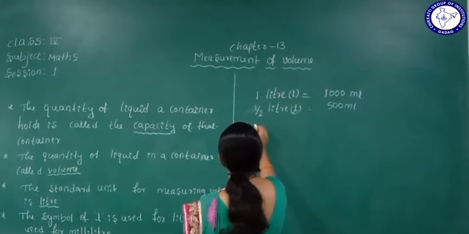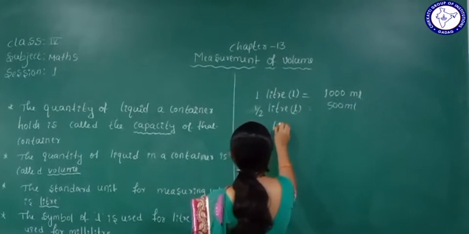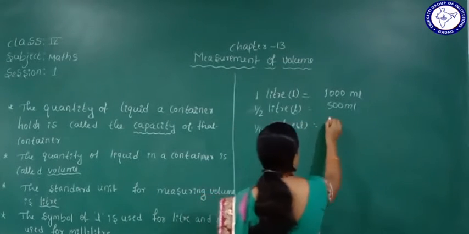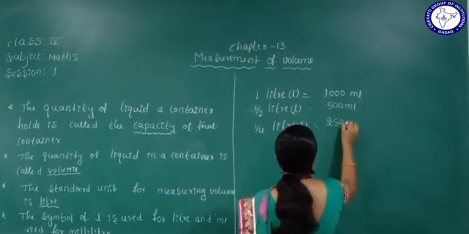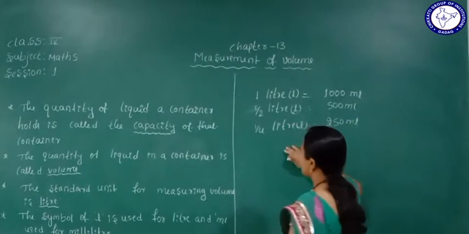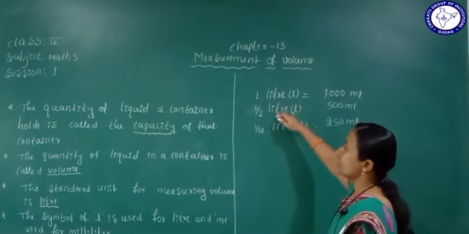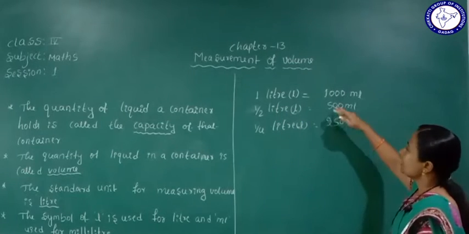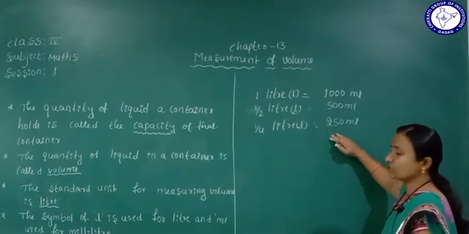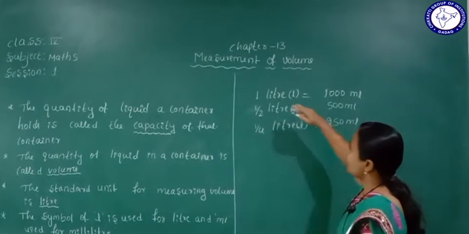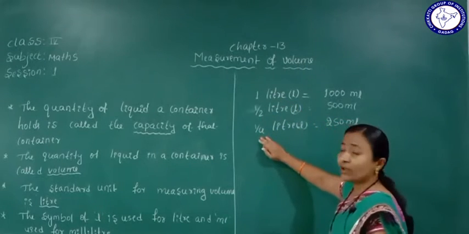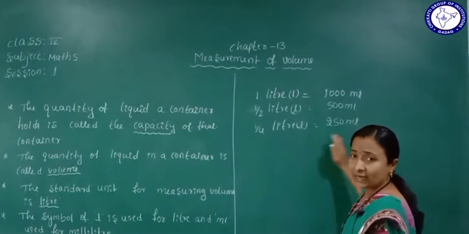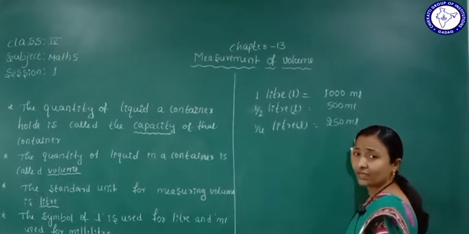Next, 1/4 liter is equal to 250 ml. 1/4 means half of half. Here 500 is there, and half of 500 is 250. So 1/4 of a liter we call 250 ml.